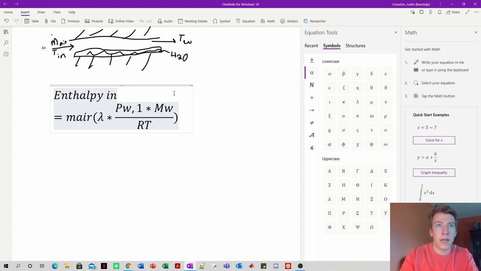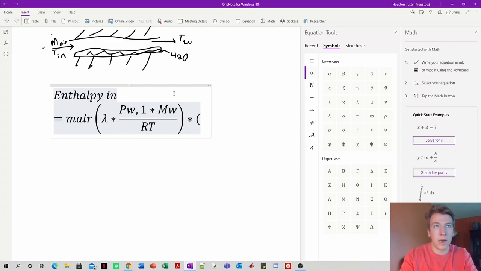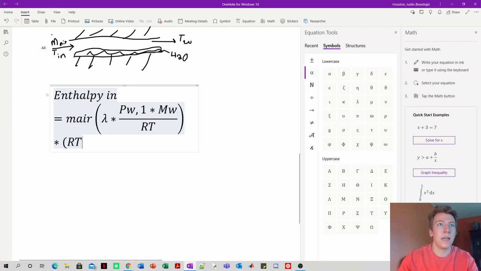So yeah, there's that. And then this is also going to be multiplied by RT. And I should go over real quick that this heat of vaporization is in joules per kilogram of water.